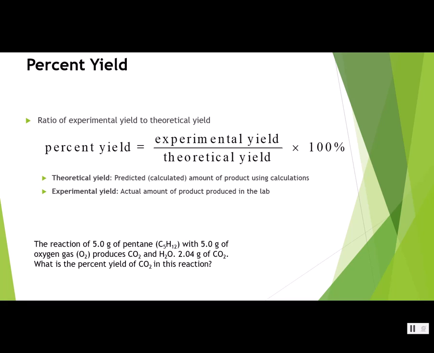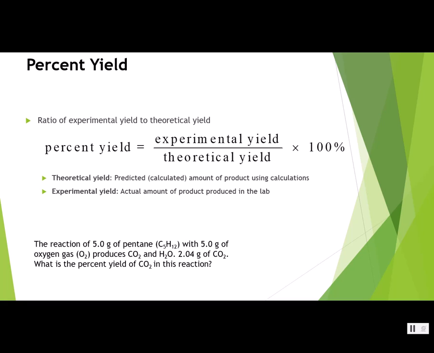The percent yield of a reaction is equal to the experimental yield, or what you actually get when doing the experiment in the lab, divided by the theoretical yield. Another way to say theoretical yield is the calculated yield. That is the maximum amount of product that you would produce in a reaction if everything went correctly in the lab.